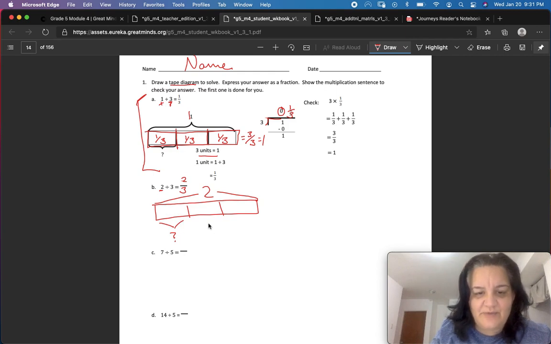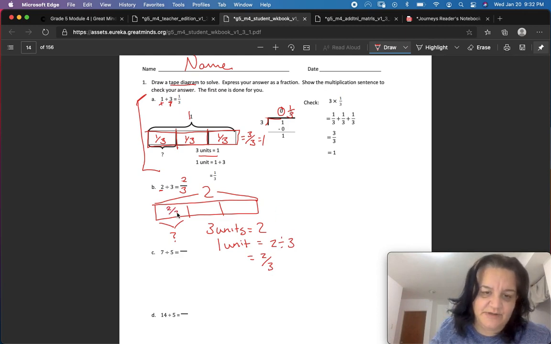If 1, 2, 3 squares equals 2, then 1 square, 1 unit, equals 2 divided by 3, okay, which equals 2/3. Now we can check our work here: 2/3 plus 2/3 plus 2/3 equals 6/3, which equals 2. Okay?